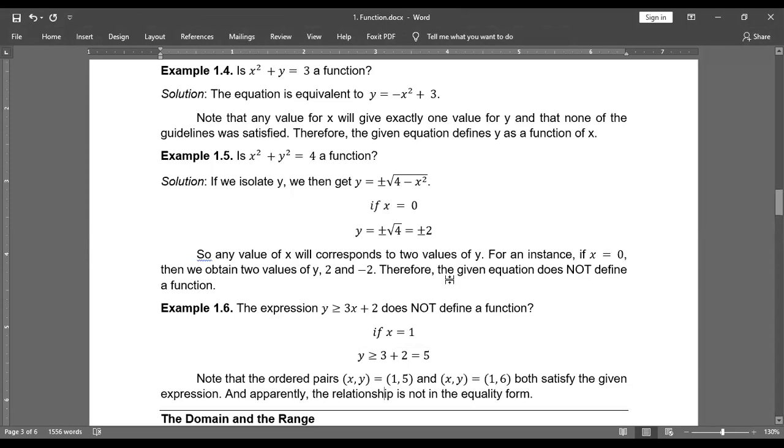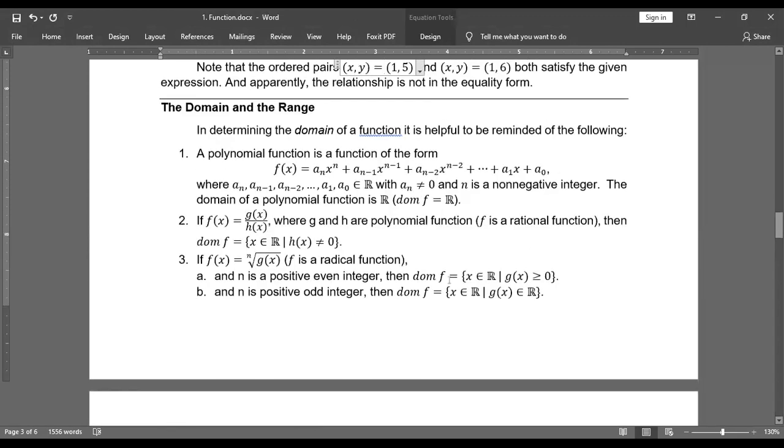We have the domain and the range. In determining the domain of a function, it is helpful to be reminded of the following. We are familiar with different types of algebraic equations or algebraic functions. One of this is called the polynomial function. Familiar na tayo sa polynomial function, no?